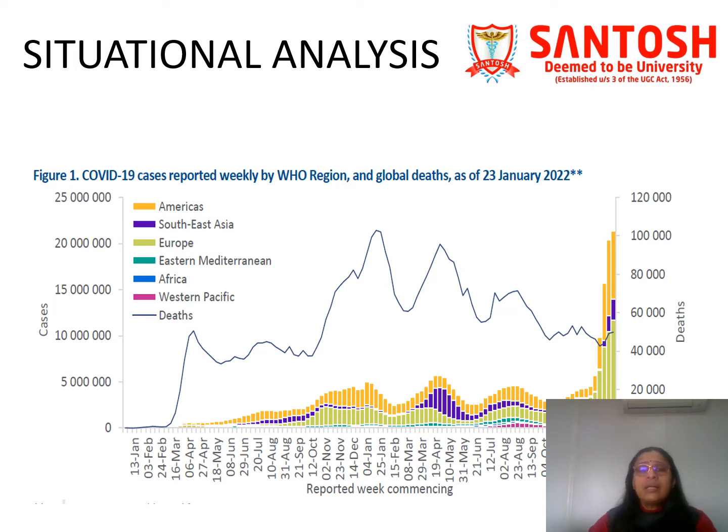You can see that it has peaked in between. It peaked in November 2020, then it peaked in April, May 2021, and now in January 2022, the cases have again peaked. So you can see here that there have been multiple peaks over the last 2 years.